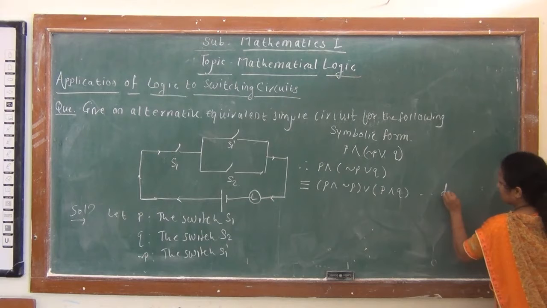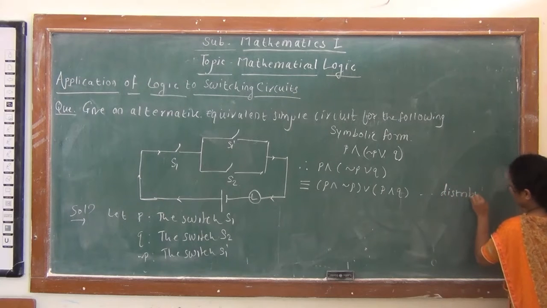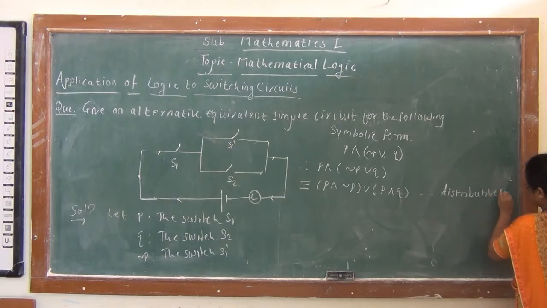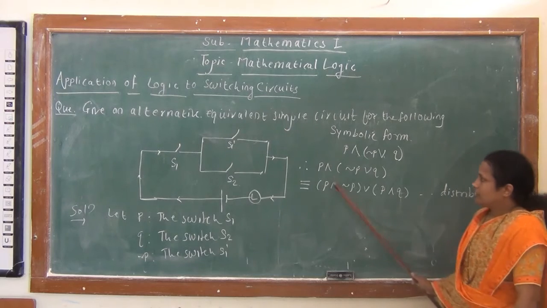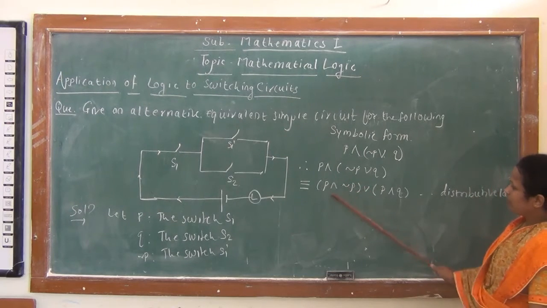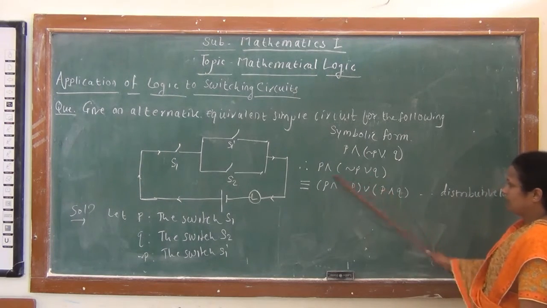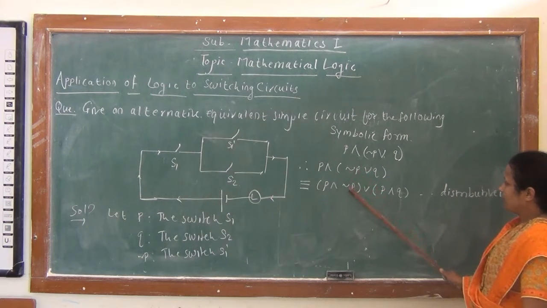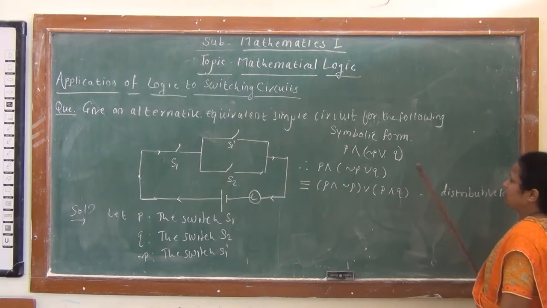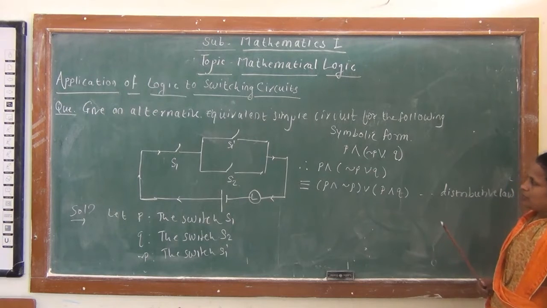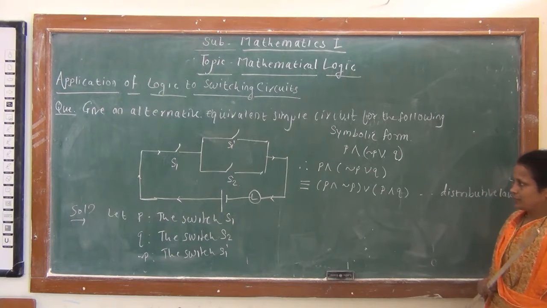Here we use the distributive law. You can check your step: P common, and negation P or Q. So first we use the distributive law.